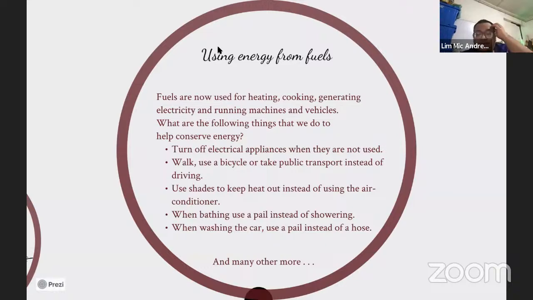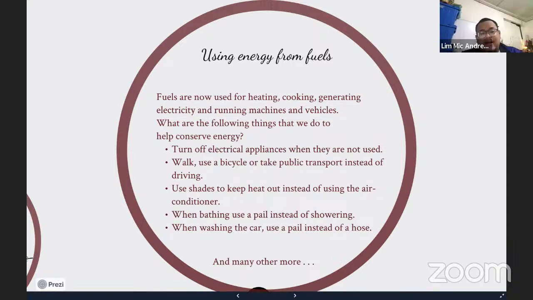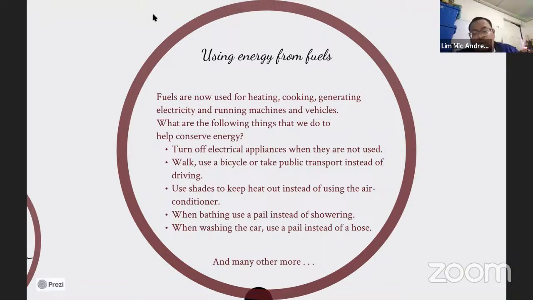When bathing, use a pail instead of a shower. When washing the car, use a pail instead of a water hose, and there are many more ways that we can use to conserve energy. All right.